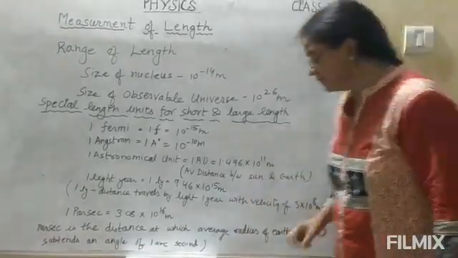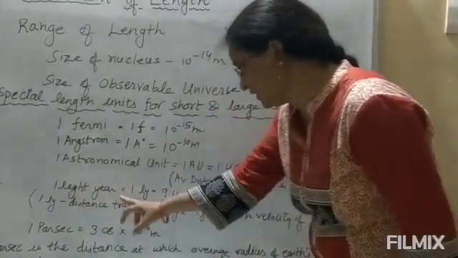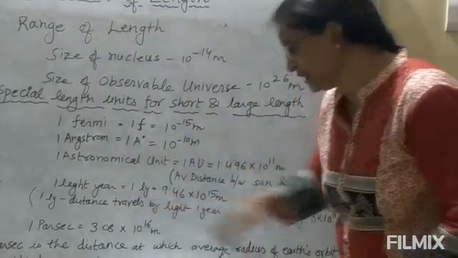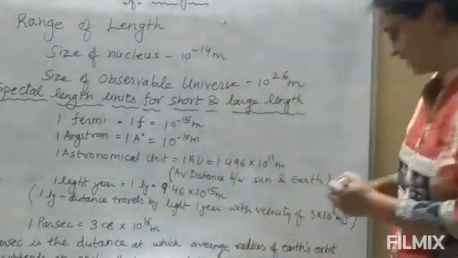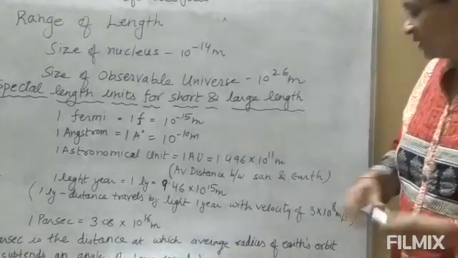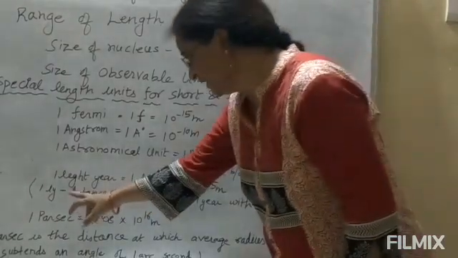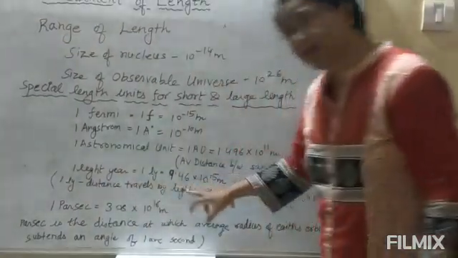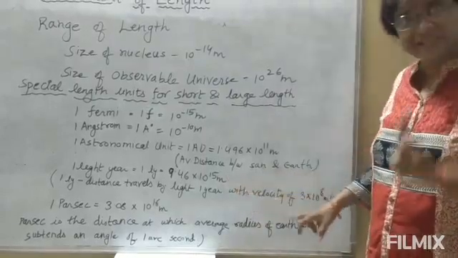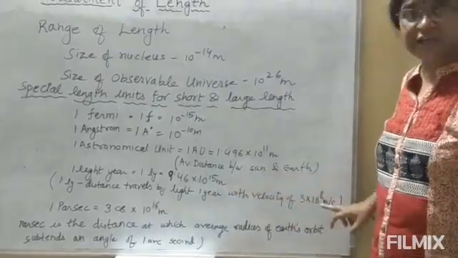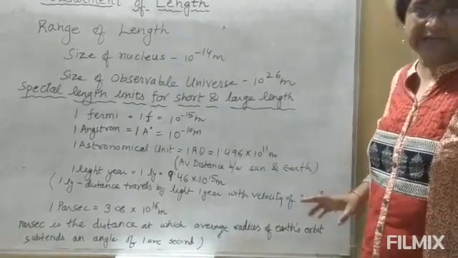The other larger unit is the light year. 1 light year is equal to 9.46 into 10 raised to power 15 meter, and a light year is the distance traveled by light in 1 year with a speed of 3 into 10 raised to power 8 meter per second.